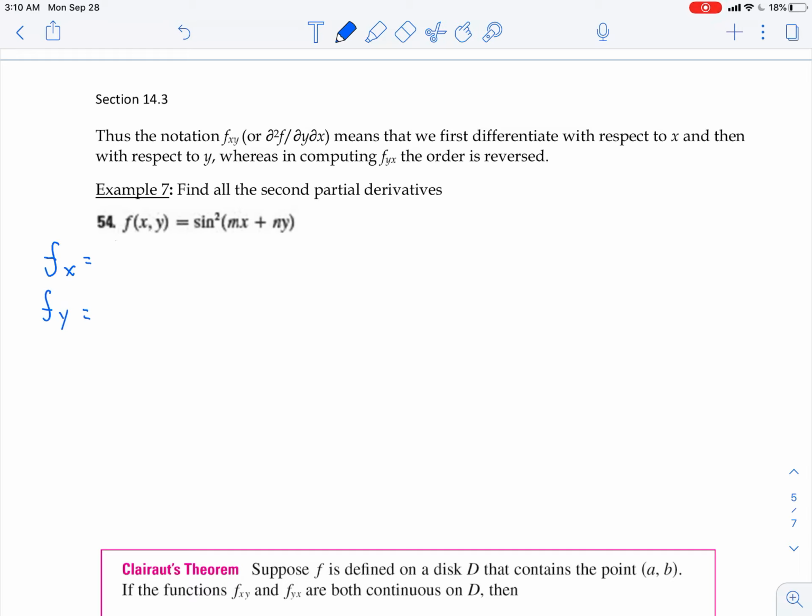We have sine squared of mx plus ny, so it's going to be 2 sine of mx plus ny times cosine of mx plus ny times the derivative of mx, and that's just going to be m.